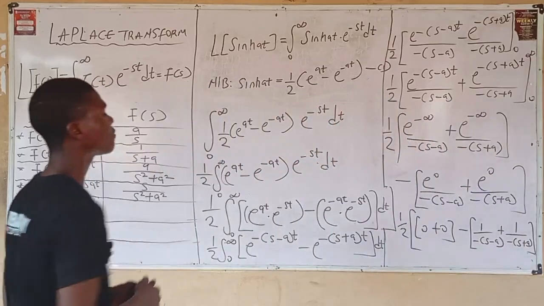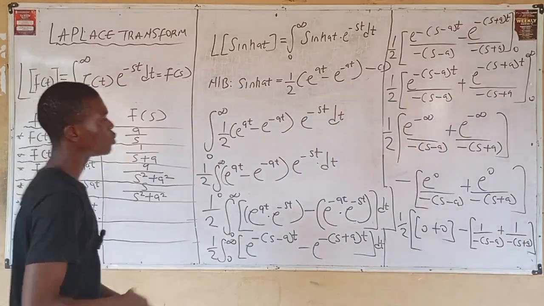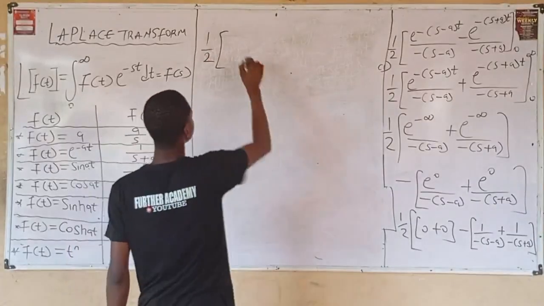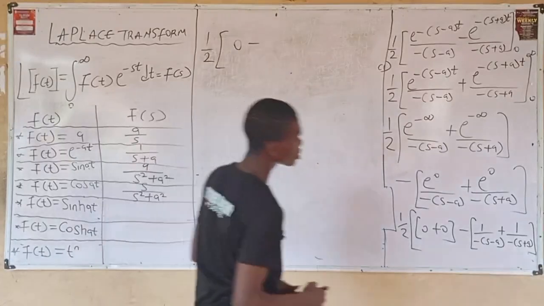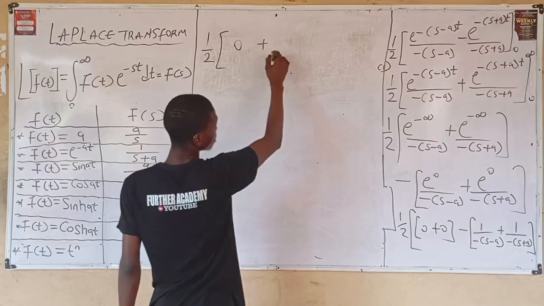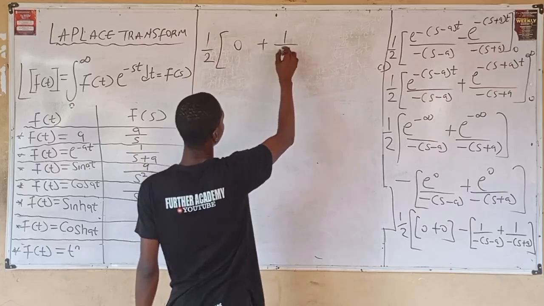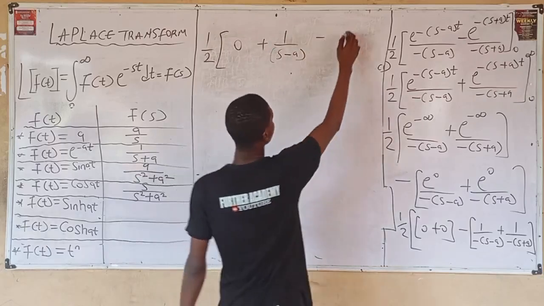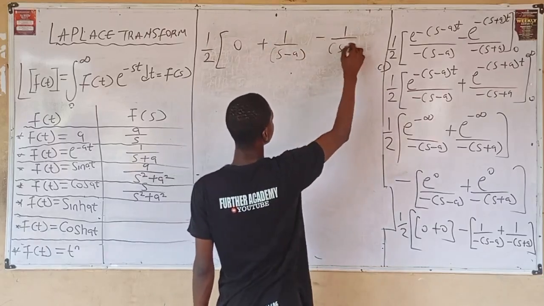So let's simplify further. Simplifying this, I have 1 over 2a, all into bracket, 0 minus, 0 plus 1 all divided by (s minus a), minus 1 all divided by (s plus a).